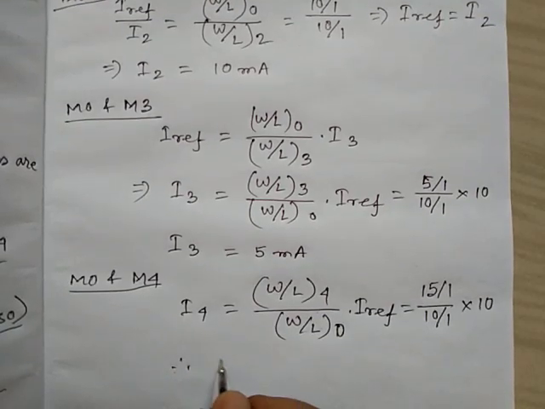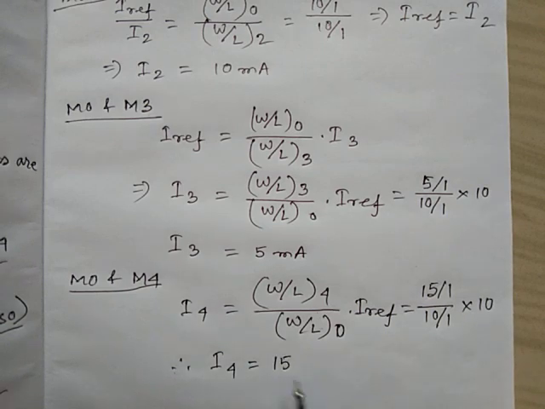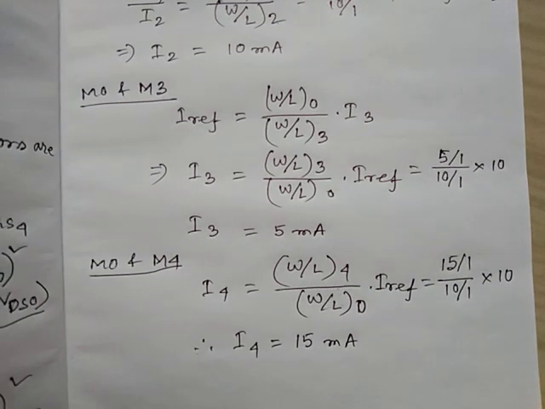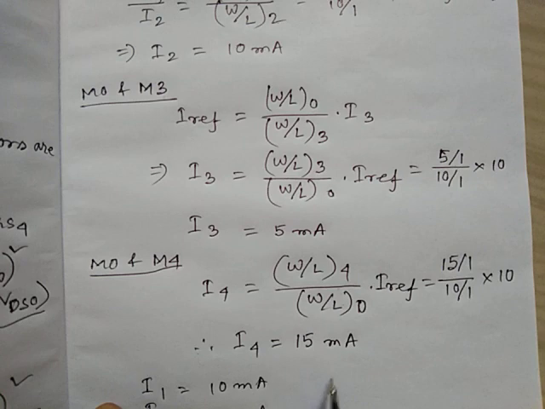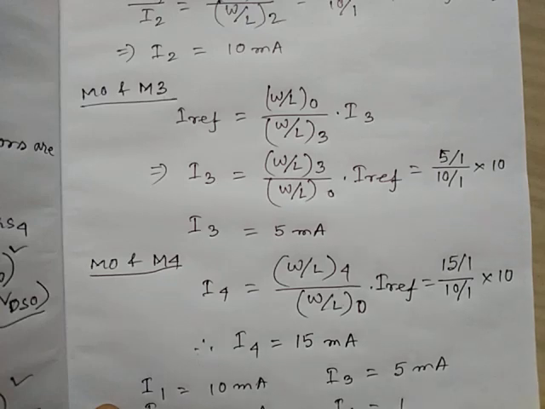So I4 equals 15 milliampere. So we have found I1 equals 10 milliampere, I2 equals 10 milliampere, I3 equals 5 milliampere, and I4 equals 15 milliampere.